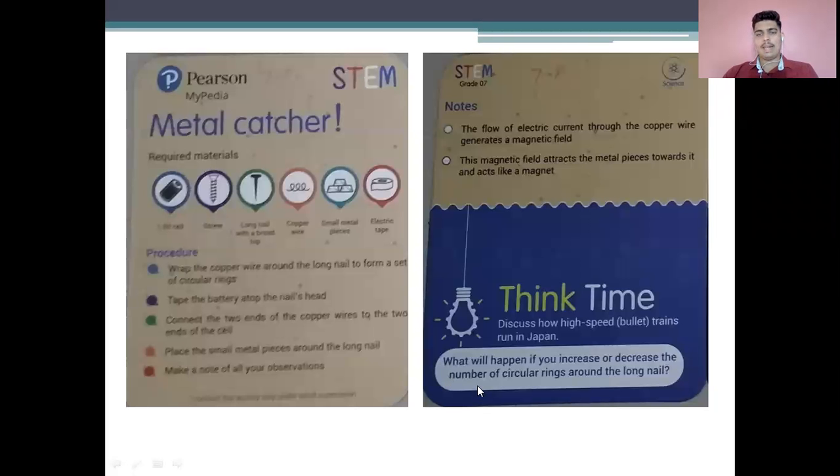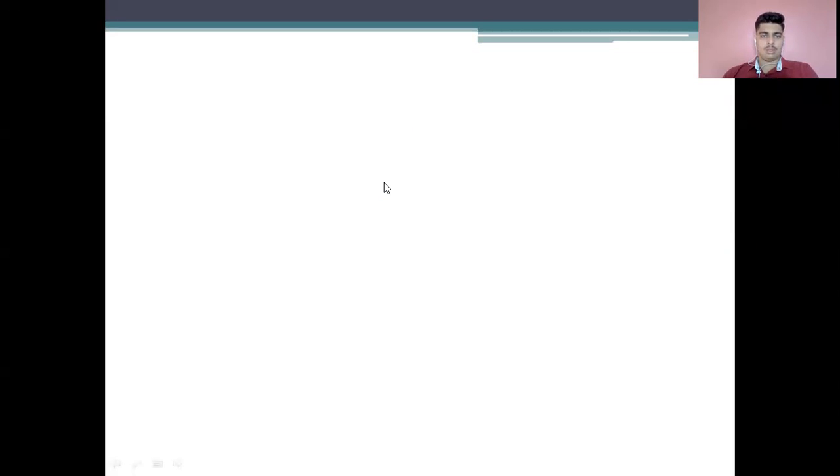Now, moving towards our next question, what will happen if you increase or decrease the number of circular rings around the long nail? Imagine what would happen if we increase or decrease the number of rotations around this.